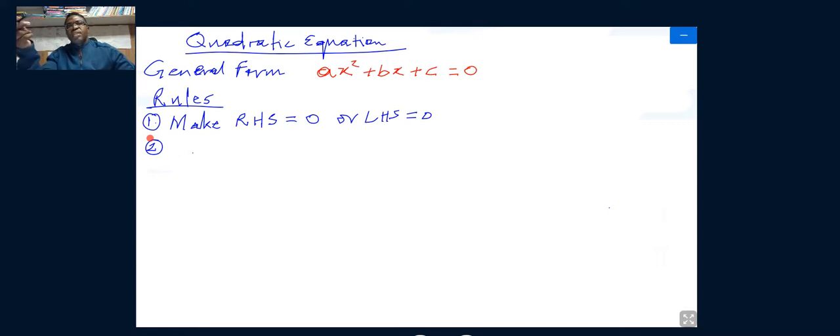It was factorization of difference of two squares, trinomial, and difference of cubes. So you factorize.